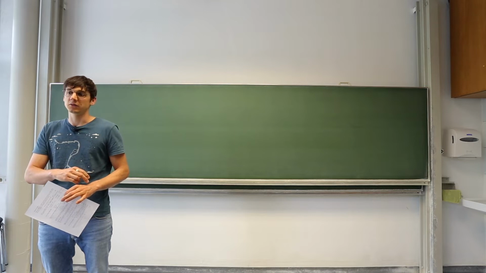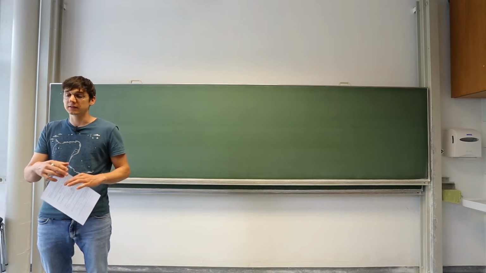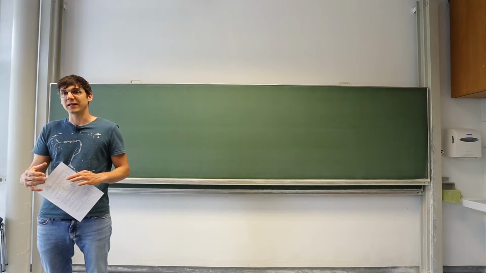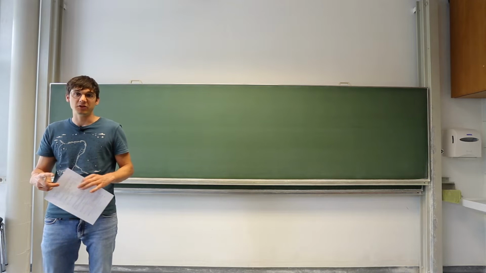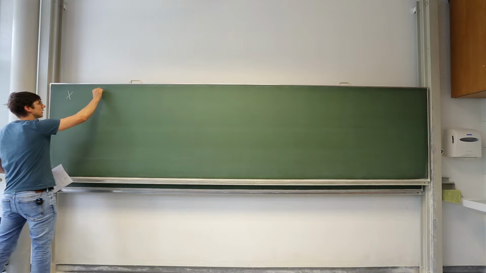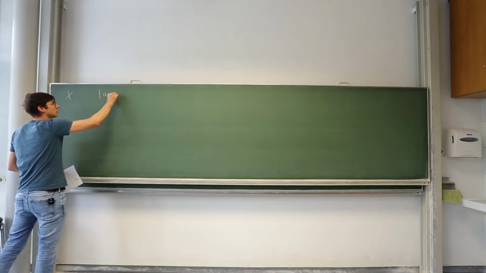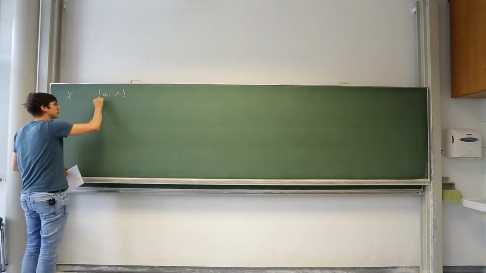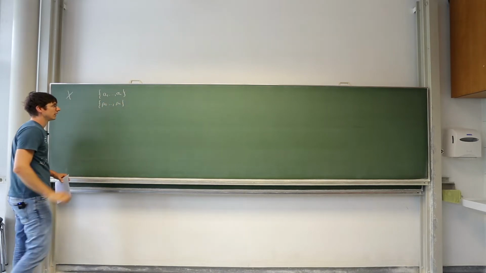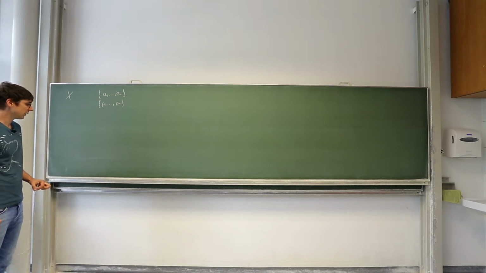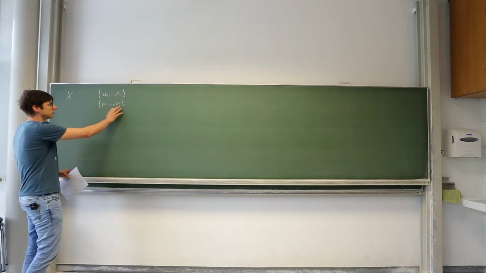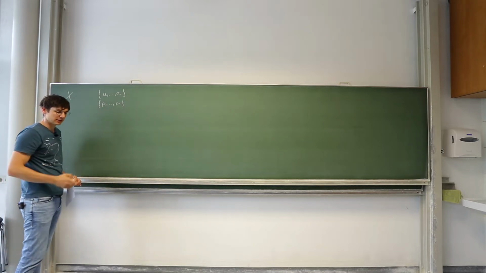And last time we've also seen that classical information can be modeled by a random variable, usually called x, which has some outcomes, say a1 to an, which appear with some probabilities p1 to pn. And as the classical state, we can associate this probability distribution.